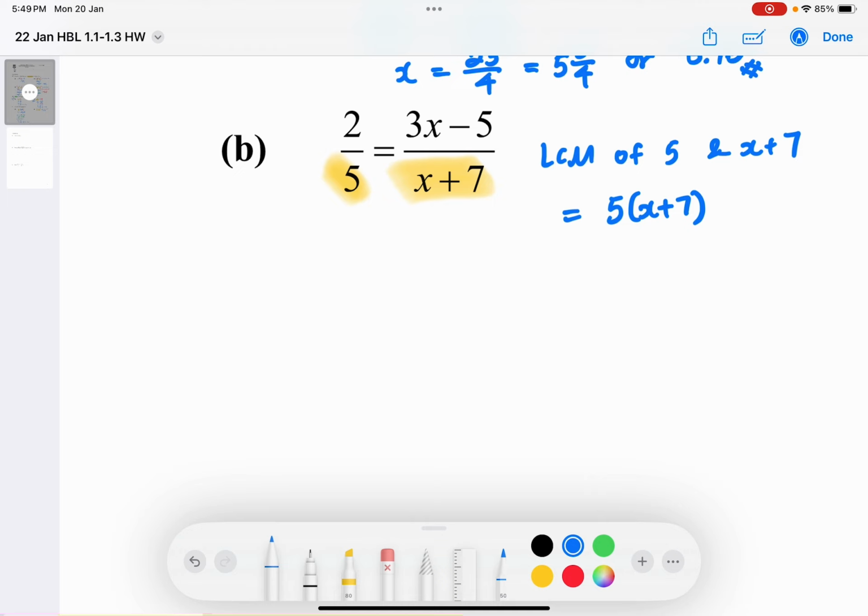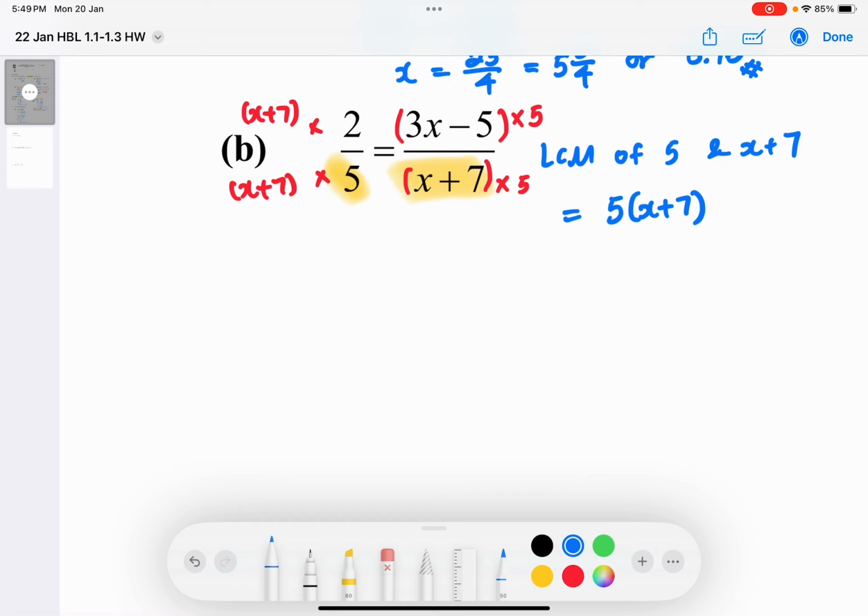Okay, so that will be the denominator that we want, which means that to the first fraction, I'm going to multiply x plus 7 on both numerators and denominators. For the second fraction, I will be multiplying a 5.